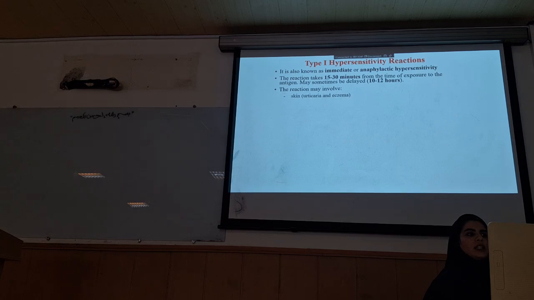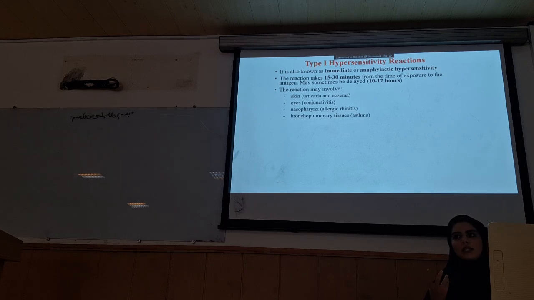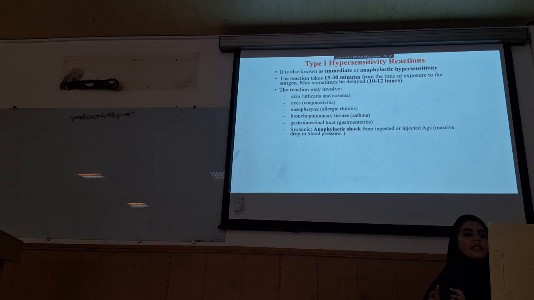And the reaction involves skin, for example, urticaria or eczema, eyes in the form of conjunctivitis, nasopharynx, allergic rhinitis, bronchopulmonary tissue, for example, asthma, and the gastrointestinal tract. And it may have systemic effect.